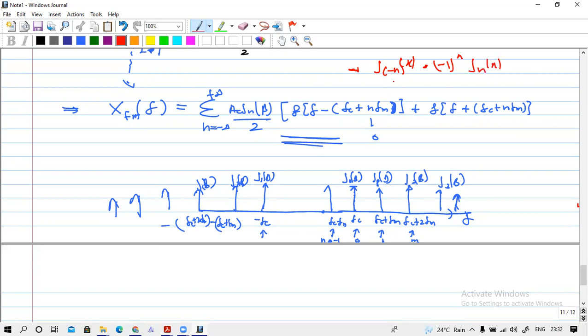So if n is equal to minus 1, we have minus 1 to the power 1, that means minus 1 times J1.